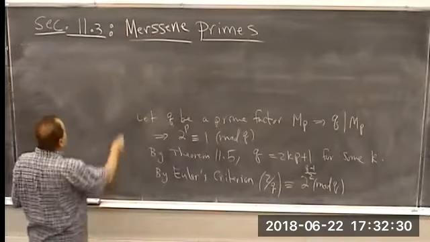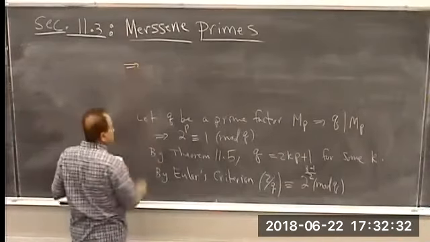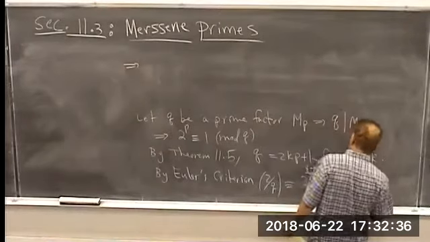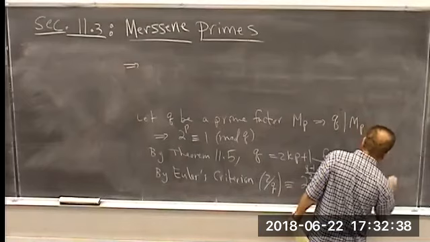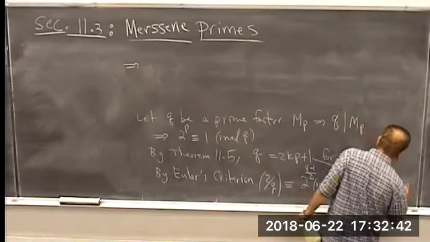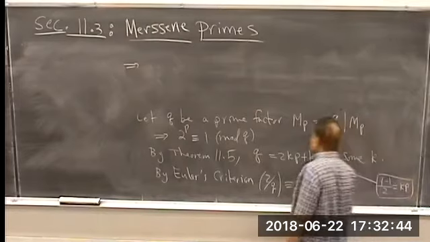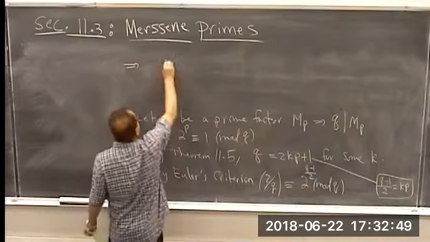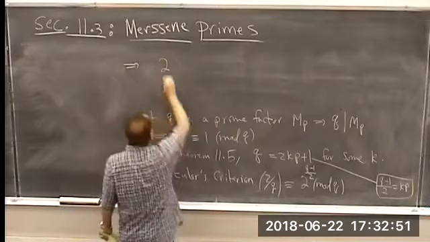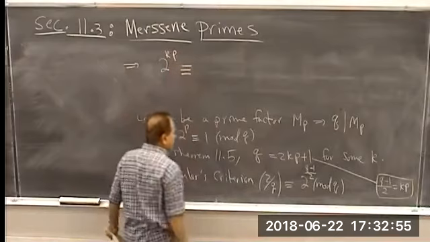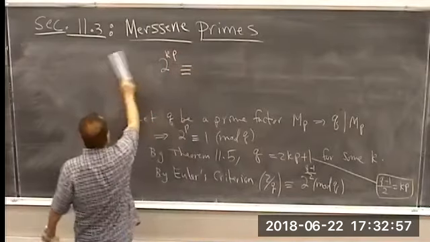And that all together implies that from here we have (Q minus 1)/2 equal to KP. Okay, so we're going to be using this. This implies 2 to the power KP. This is the Legendre symbol also.